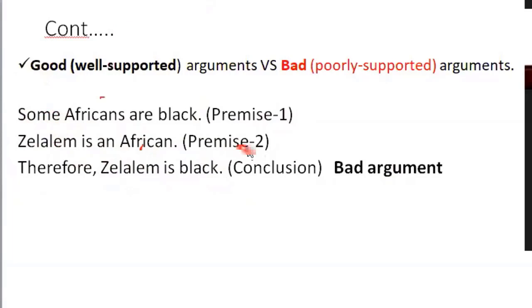At the same time, he may not be part of those some Africans, which means these two provided premises or factual claims do not provide us with well-supported evidence. So this is typically an example of a bad or poorly supported argument. Zelalem is black? He may or may not be, but still it's an argument. Okay? It's still an argument.